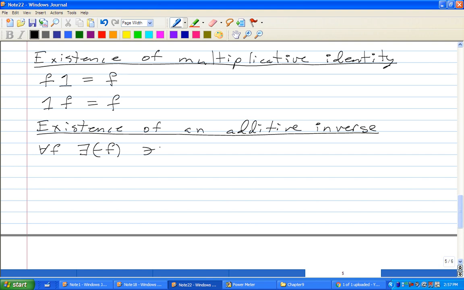And this has the following property, such that any function f plus its additive inverse is the additive identity. And so this is a right additive inverse. Similarly, by the commutativity property for addition, I have that it's also a left additive inverse.